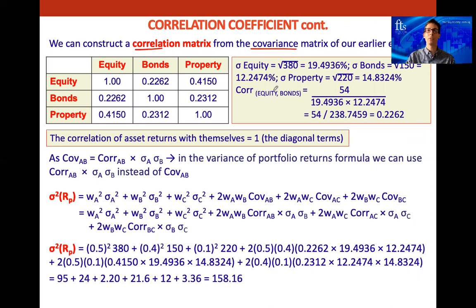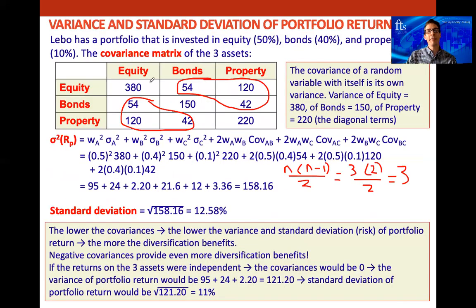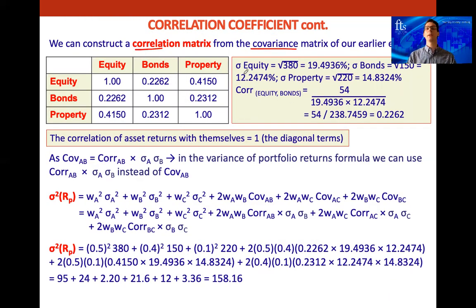Let's go back to our covariance matrix, because what is standard deviation? It's the square root of the variance. So here, remember, the variance of equity is 380. The variance of bonds is 150, and the variance of property is 220. If we take the square root of all of them, we can work out the standard deviation of equity, of bonds, and of property.